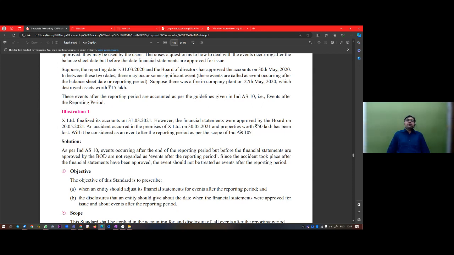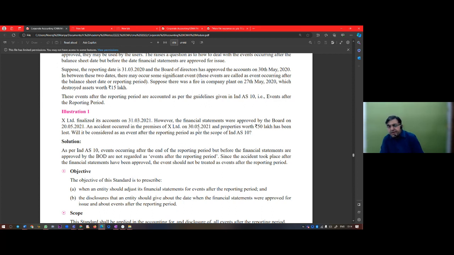Guys, we are talking about events occurring after the balance sheet date. This is AS 4 and AS 10. The accounts are approved by the Board of Directors on 20th of May and the destruction occurred on 30th of May.